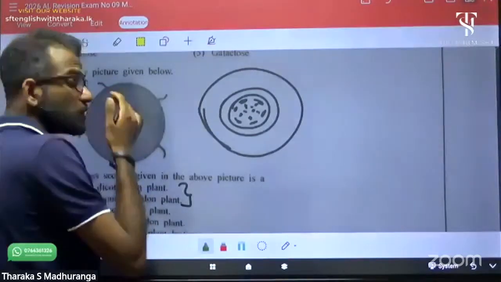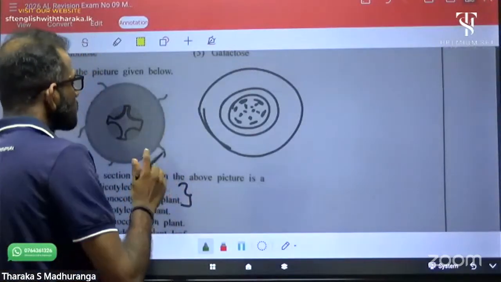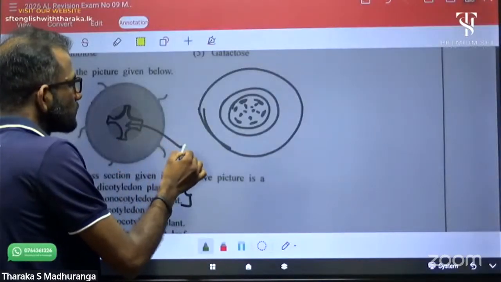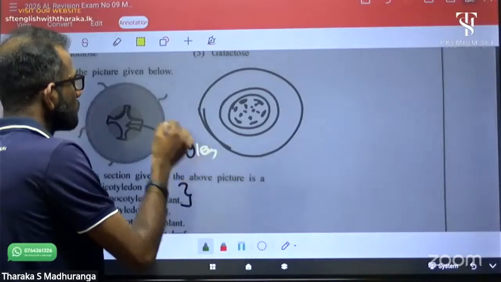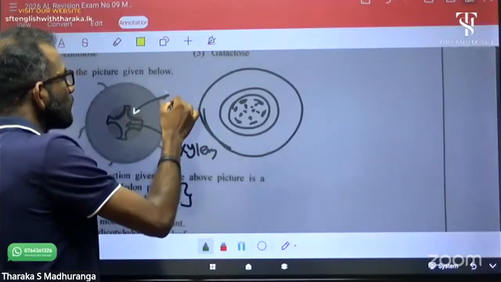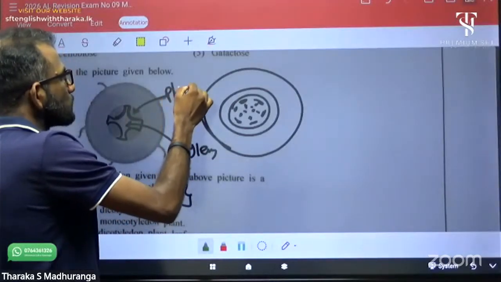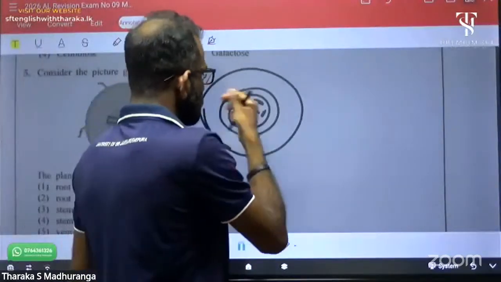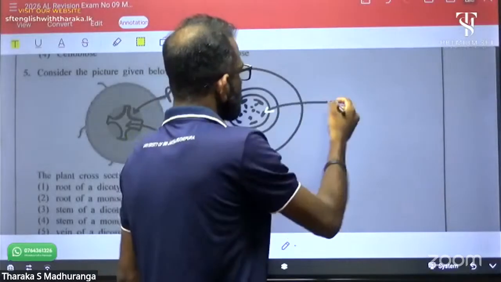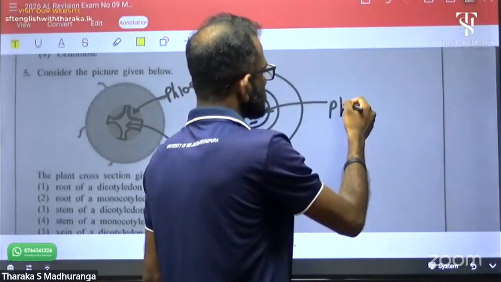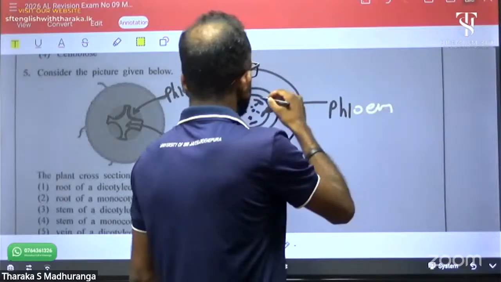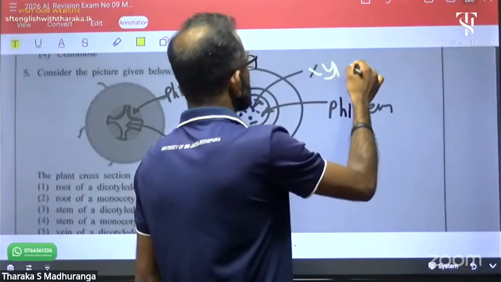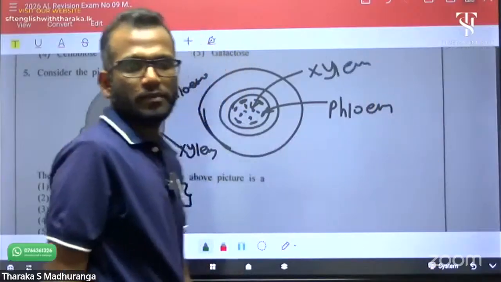Okay, I think you can always remember every structure. The internal one is xylem, right? Xylem is the internal one. They are the phloems. Phloem. This one also, phloem. These inside dots are the xylem. Remember.